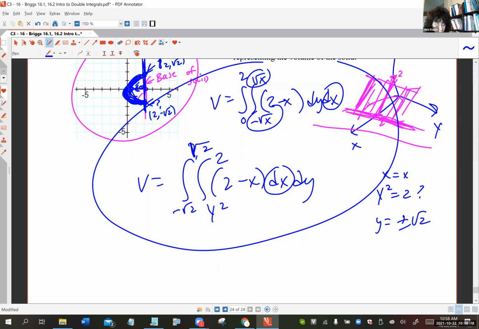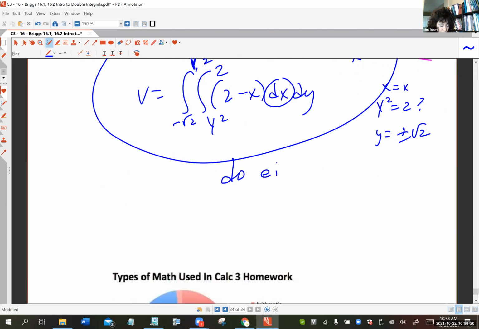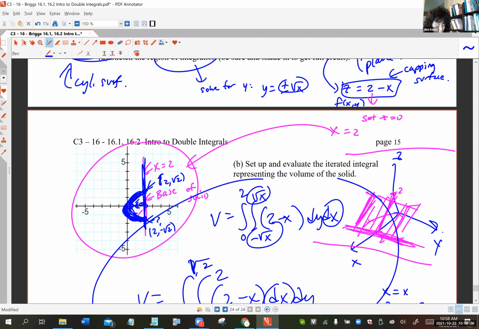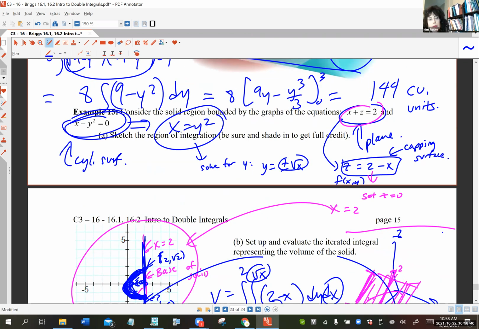They're fine. You could do either one, so I'll let you do either one for practice. So I'm just going to say et cetera, et cetera. And if you did it right, both answers should be equivalent, and it should come out to be 32 square root of 2 over 15 cubic units. And that gives the result for that solid's volume. And we're done.